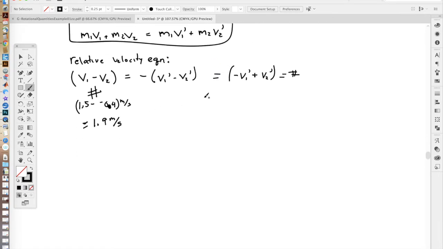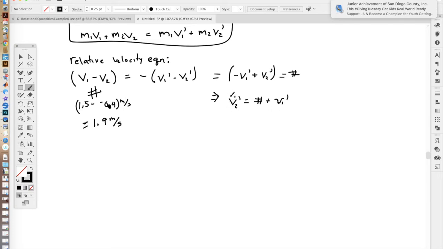Let's continue going. So this, therefore, I can now write v2 prime in terms of v1 prime. v2 prime, keeping it on the left-hand side, is just equal to number plus v1 prime.